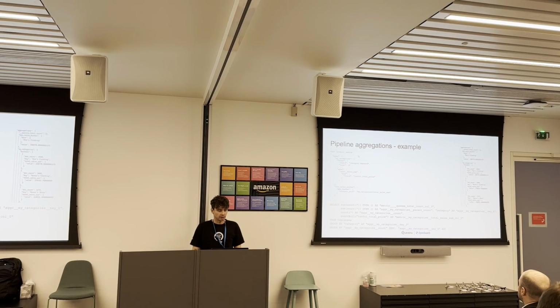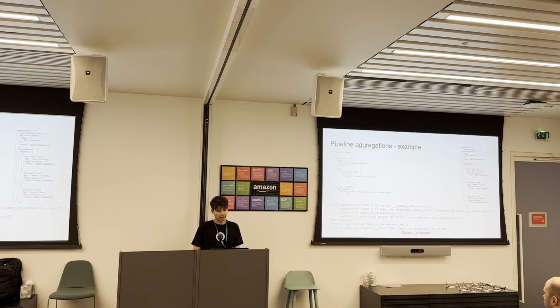In that way, we are performing two aggregations. We have our aggregation that breaks down the orders into categories. We have our aggregation that is simply summing up the sales per each category.